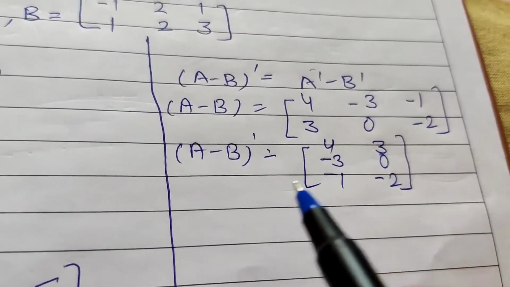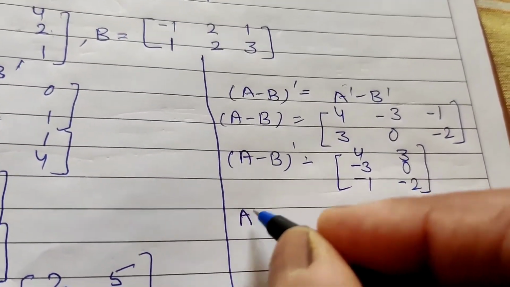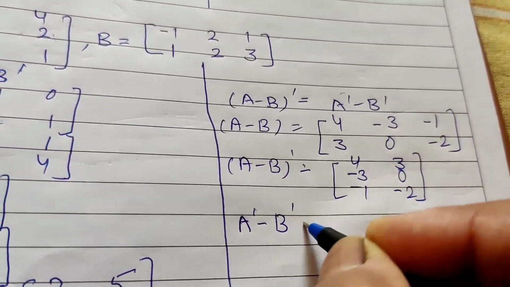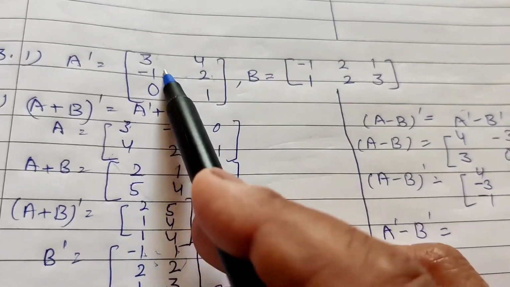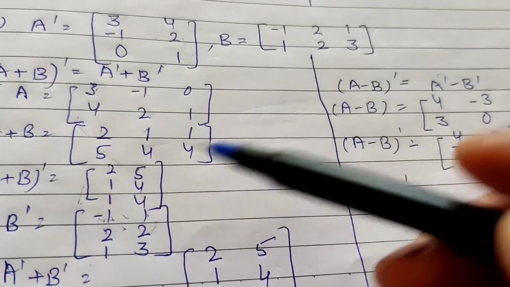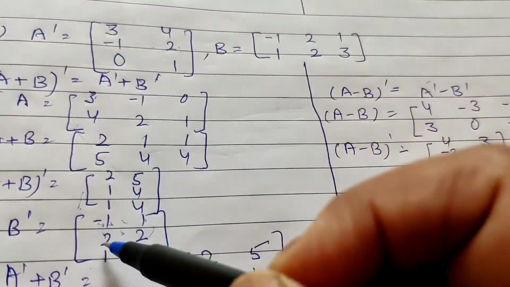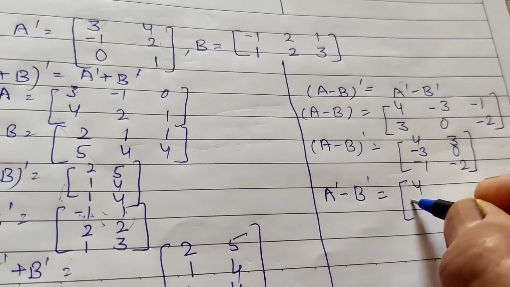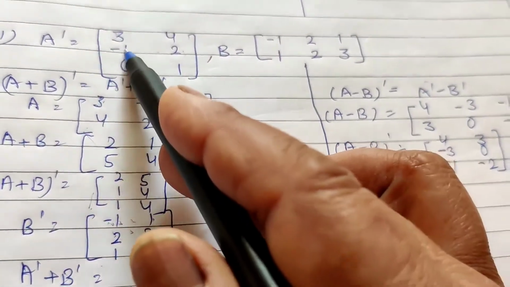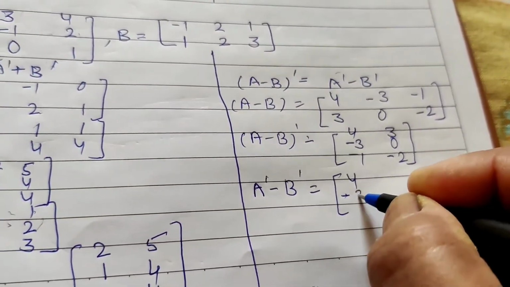This is the transpose of A minus B. And the A transpose minus B transpose, it means A dash minus B dash. It means 3 minus minus 1 is 4. Minus 1 minus 2 is minus 3.